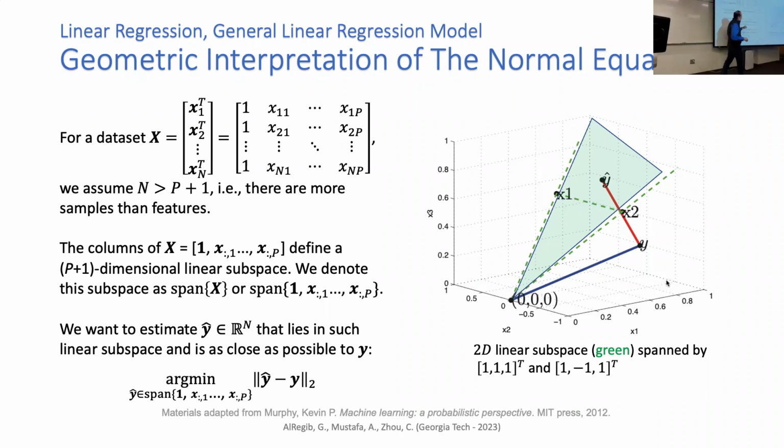So now imagine that I have, this is the Y, right? And now what we are really saying is we are taking a projection. Our solution here is nothing but we are really trying to estimate this Y hat in here, where it lies in this linear subspace that's as close as possible to my Y, right?